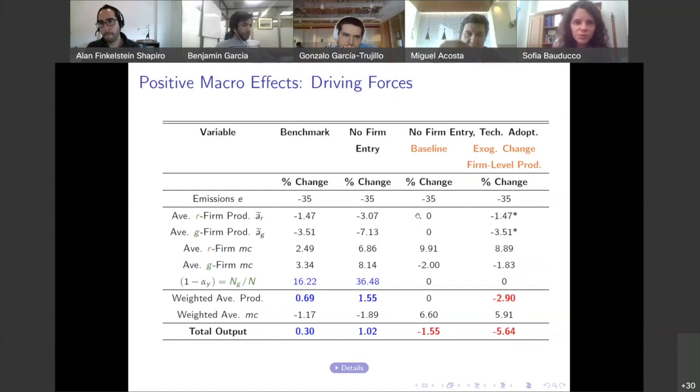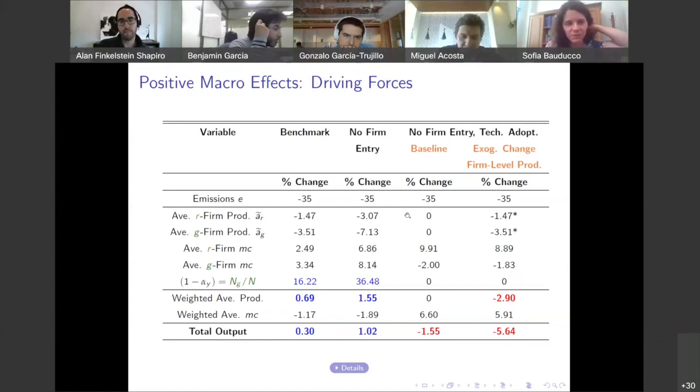Where I'm going is that if you're thinking about emerging economies that are buying these technologies from abroad, this doesn't go to the output that you're measuring here. So you might have a decrease. It's almost like an investment, exactly. You're investing in green technologies for sure.